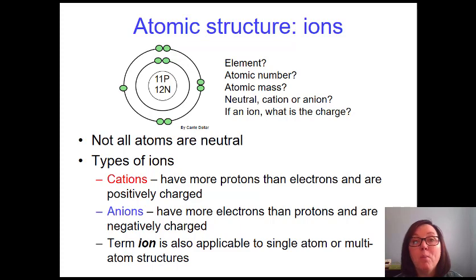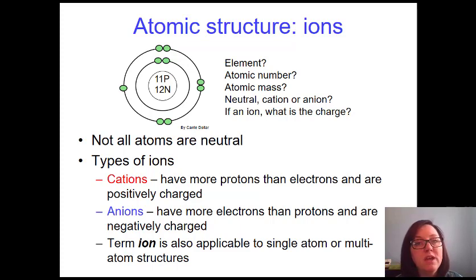If there are more protons than electrons, the atom will be positive. We call that a cation. Cations are positive. You got it? Cats have paws. And if an atom has more electrons than protons, and it has more negativeness than positiveness, we call that an anion. The term ion is applicable not only to atoms, but to larger groups of atoms too.